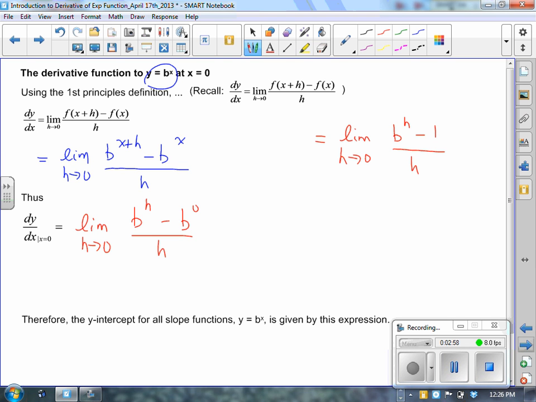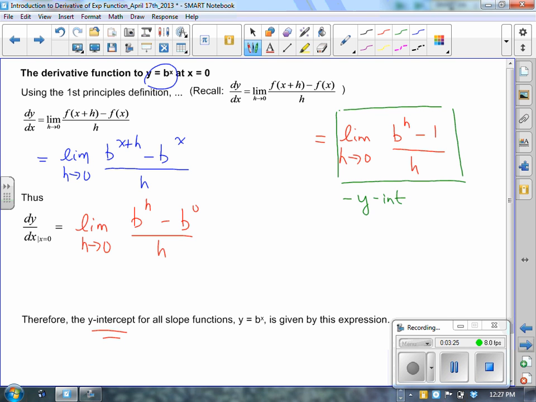So what we're saying for now is that we have an expression for the y-intercept for the derivative function, right? At x equals 0, here's what we have. At x equals 0, this represents the y-intercept of the function. So I'm just going to label a few things here.